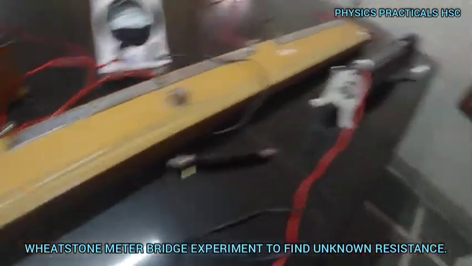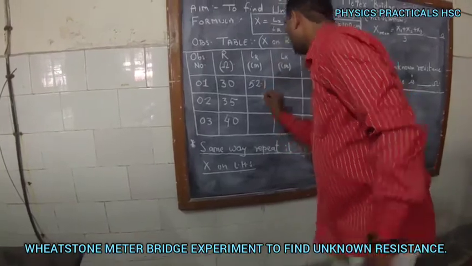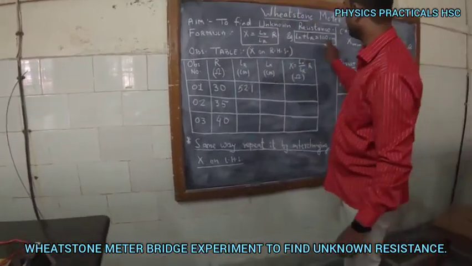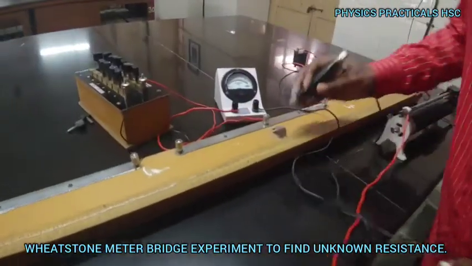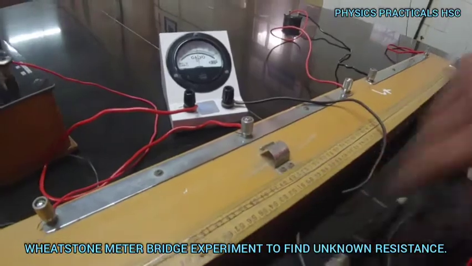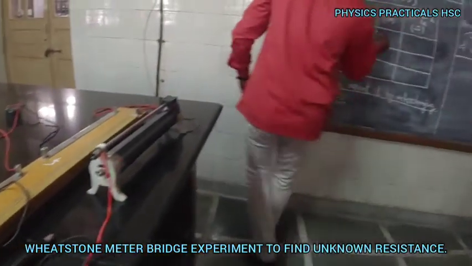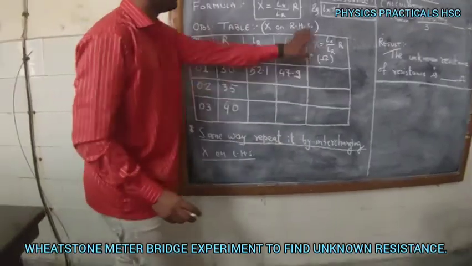So we can write here 52.1, and then 100 minus that you will get LX, or you can find it over here, below 52.1, it was 47.9, so this will be 47.9, and you can do the calculation.